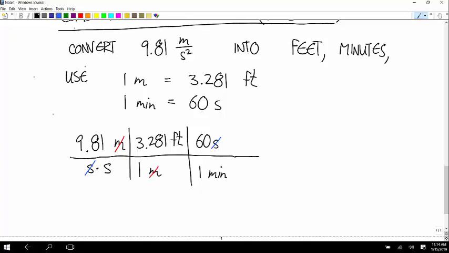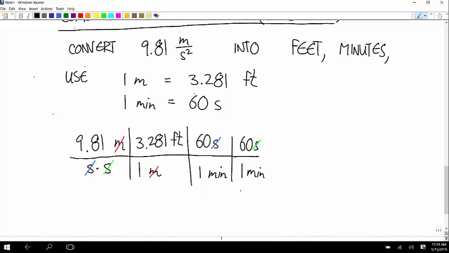So we have to do one more cancellation. So I'm going to do the same thing again, 60 seconds over 1 minute. And now we're done. The units that are left are feet per minute squared. I don't have this number.